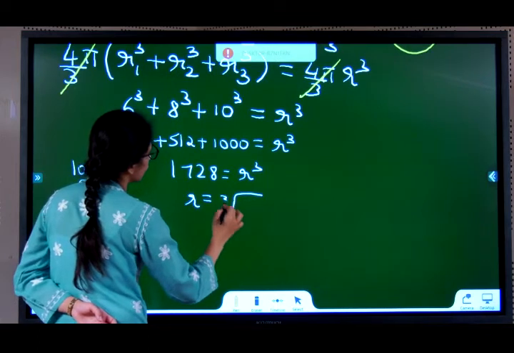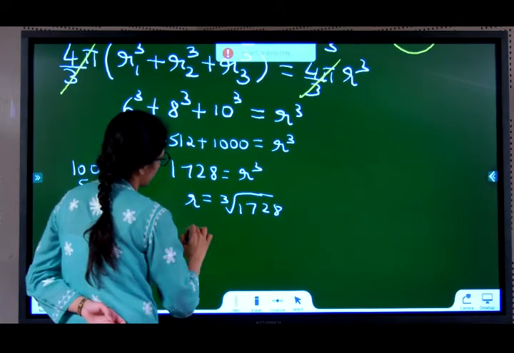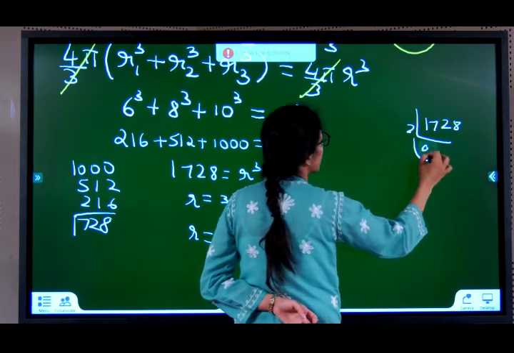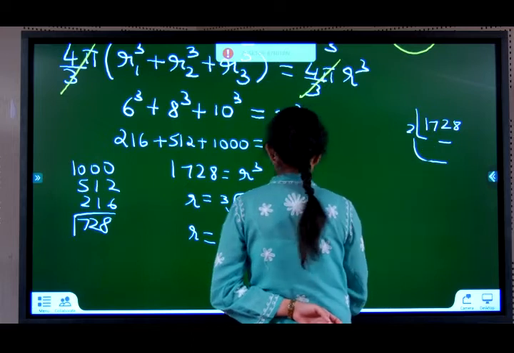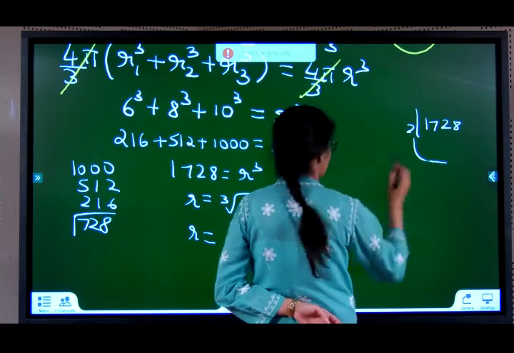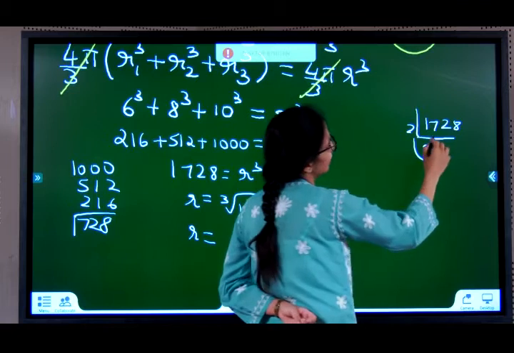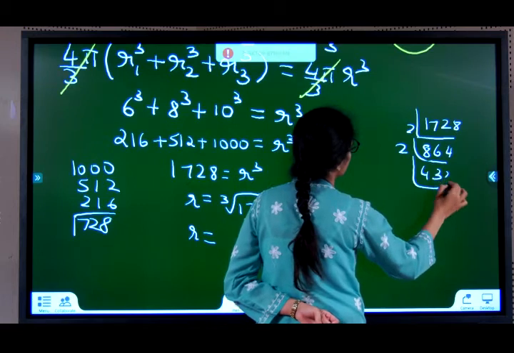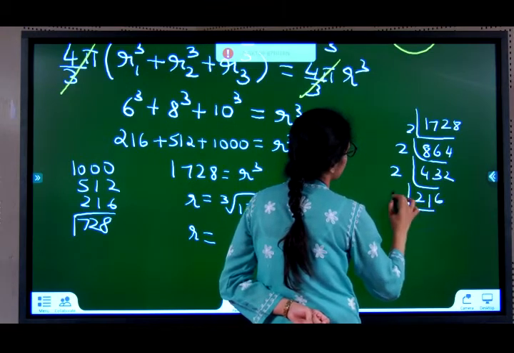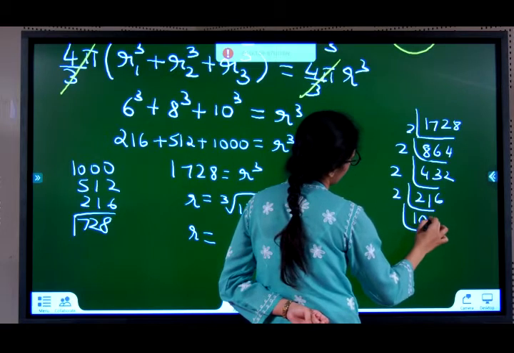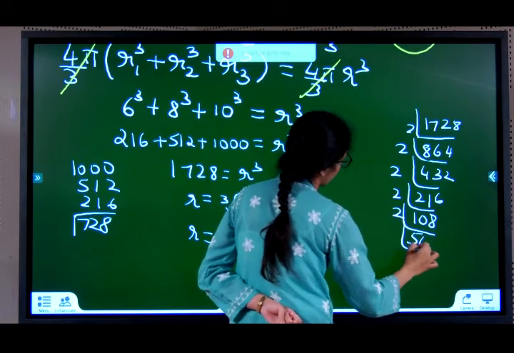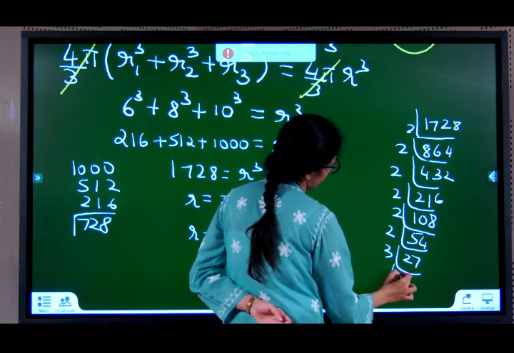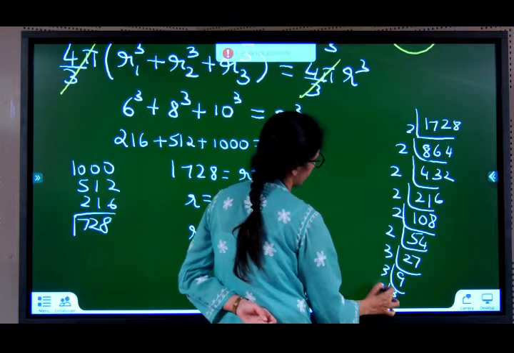R is equal to cube root of 1728. Do the prime factorization. 1728 divided by 2 is 864, then 432, 216, 108, 54, 27, 9, 3, 1.